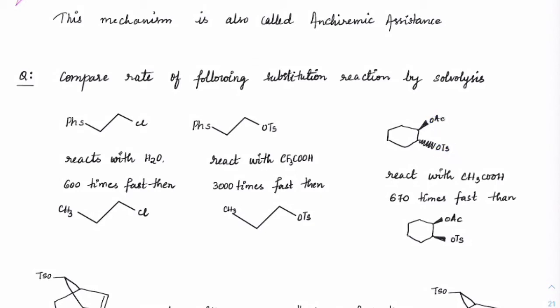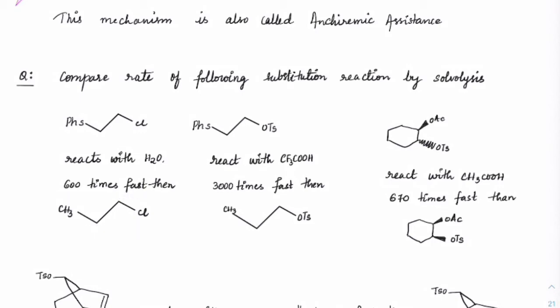Now when I compare these two, PhS with Cl here and CH3, PhS is slightly going to give a little bit of inductive effect, a small amount, which might increase the rate of SN2 reaction. But strangely, it has been found that when you react that with water, it is almost 600 times faster than this.